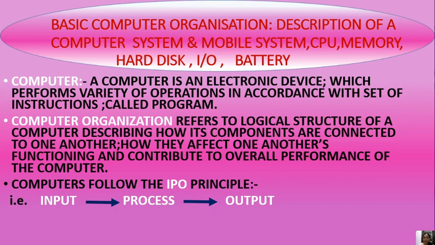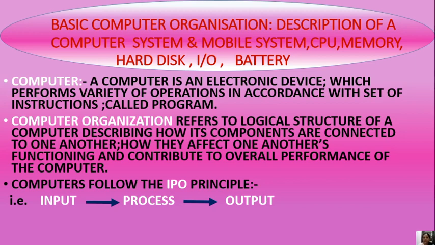Now the term is computer organization. It refers to the logical structure of a computer, describing how its components are connected to one another. Its components, we can say its parts. How the parts of the computer are connected with one another, how they affect one another's functioning and contribute to the overall performance of the computer.